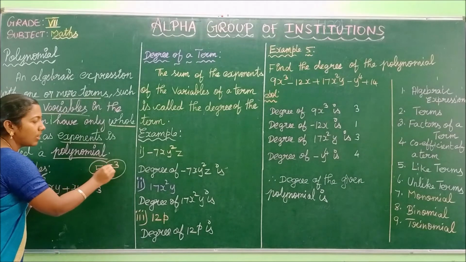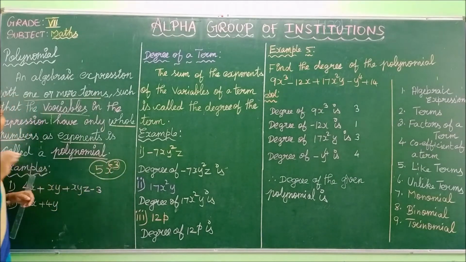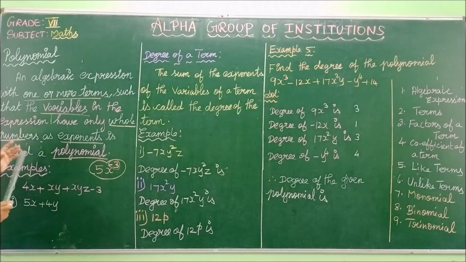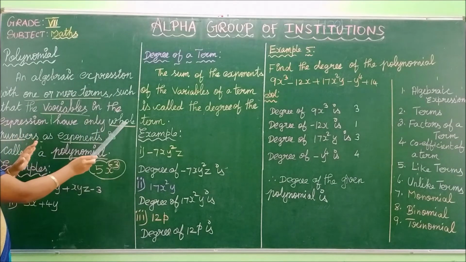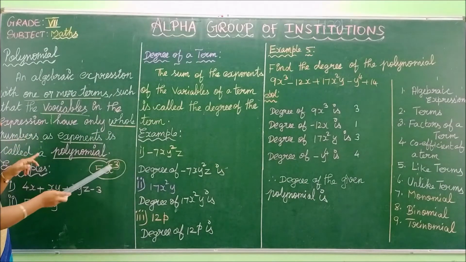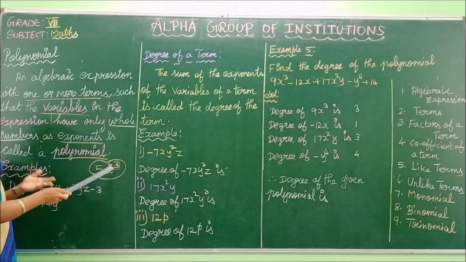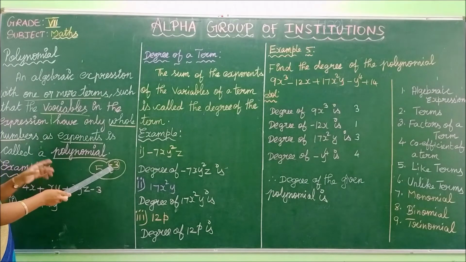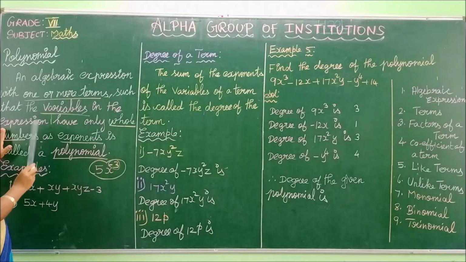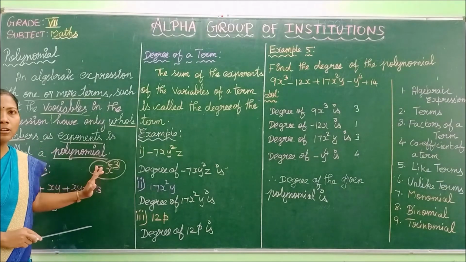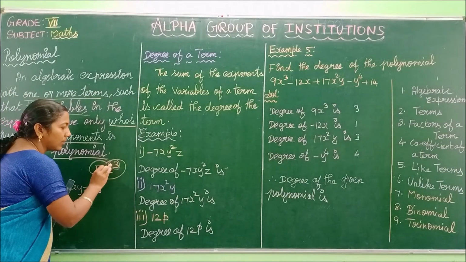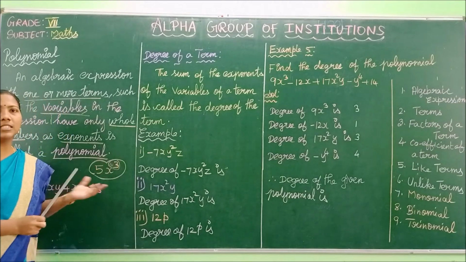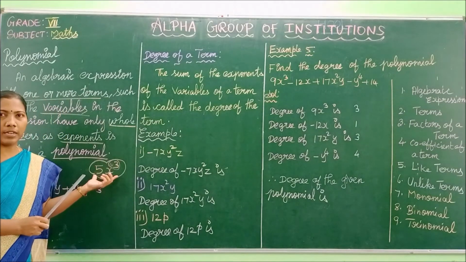Because the power of the variable is a negative number, but as per the condition of a polynomial, the exponents of the variable should be whole numbers. Here we have a negative number. It is an integer, so it does not satisfy the condition of a polynomial. So we say this is not a polynomial. Suppose instead of minus 3, you have plus 3, that is 5x cube; then it is said to be a polynomial. Do you understand, children?